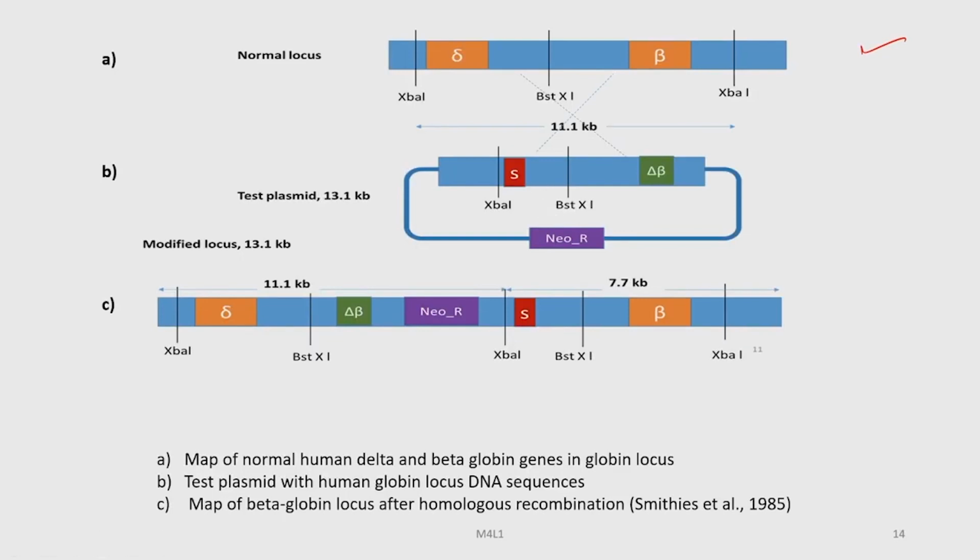And here in C you can see the map of the beta globin locus after homologous recombination. So, all these elements have been transferred into the construct at C, and this was due to homologous recombination.